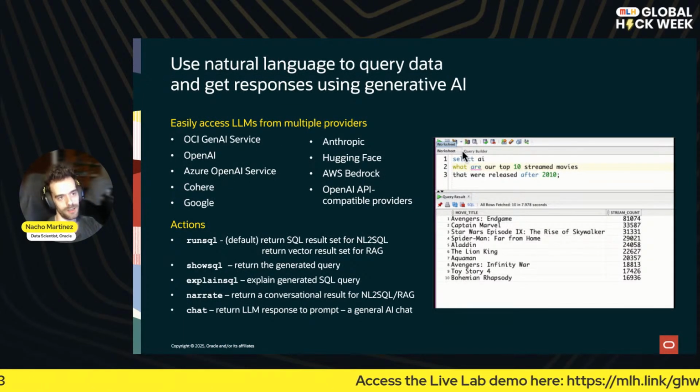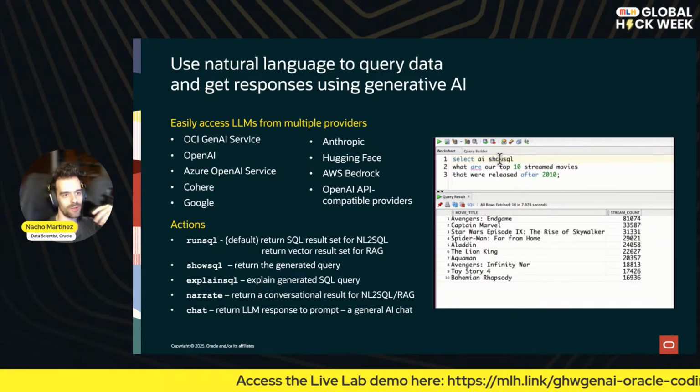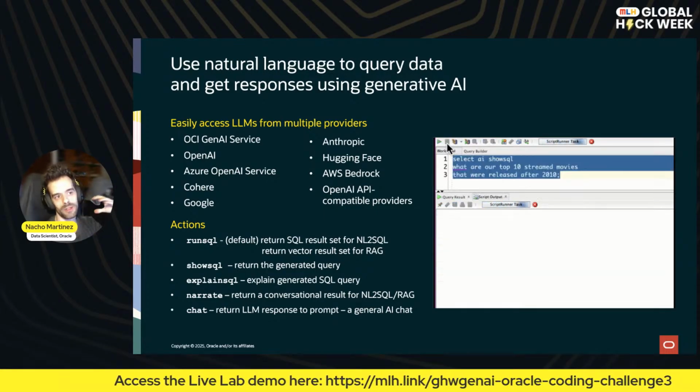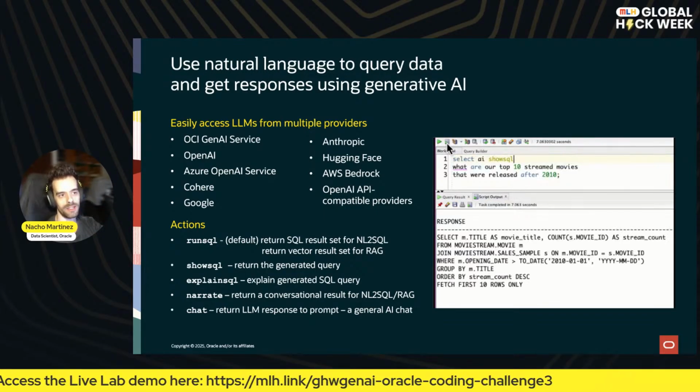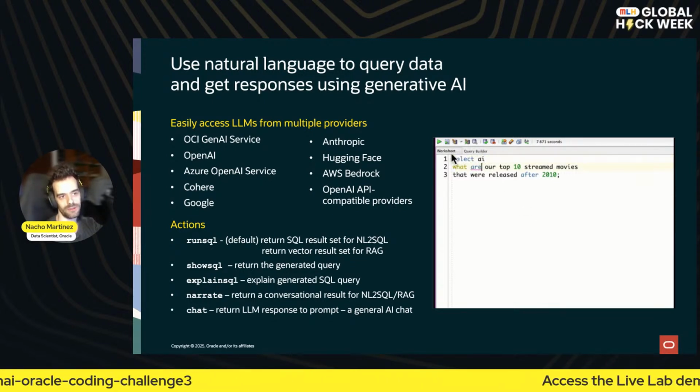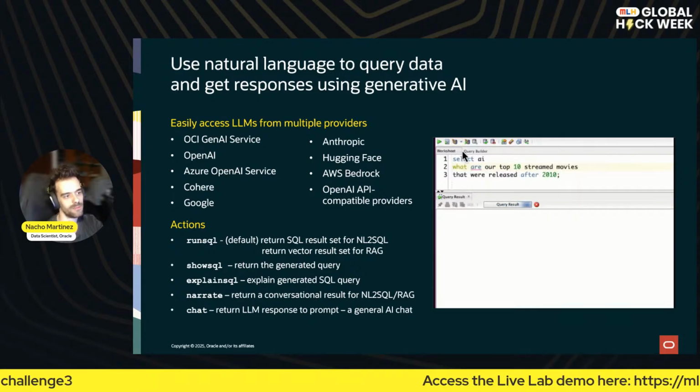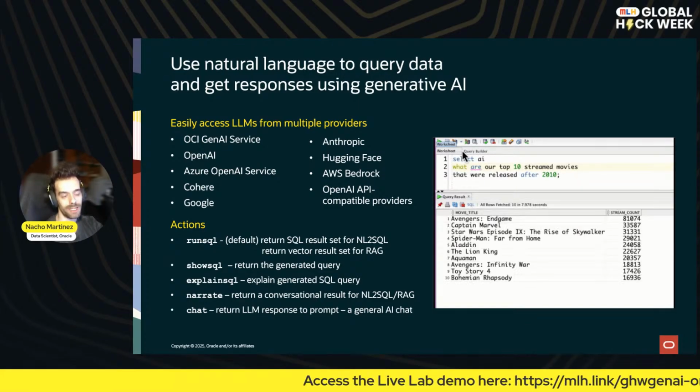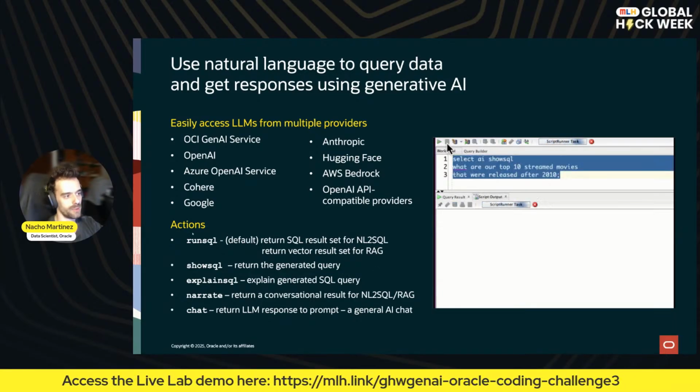So with Select AI, you're able to talk with your database about anything that you have in there in this kind of way, right? You just say Select AI, and then you can tell it, please tell me the SQL equivalent of my natural language query, which is called run SQL.